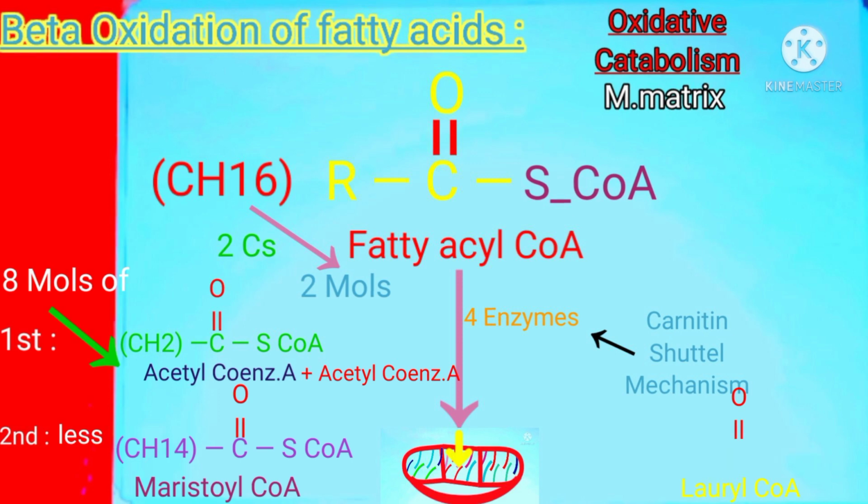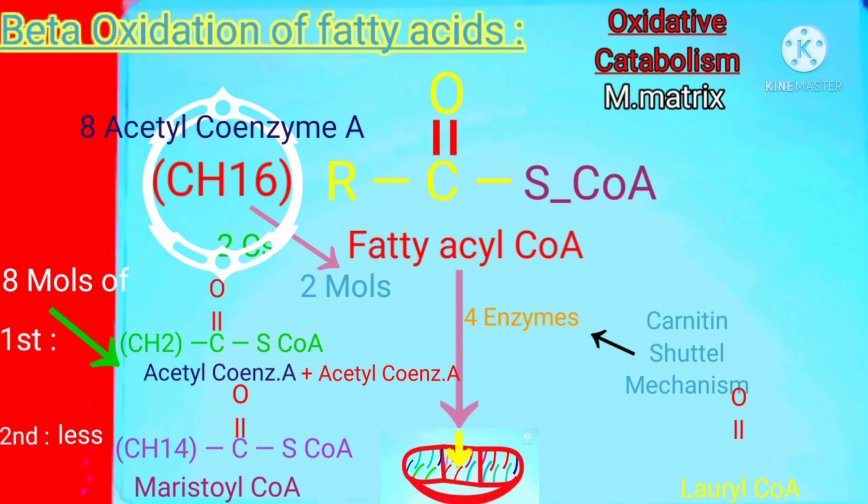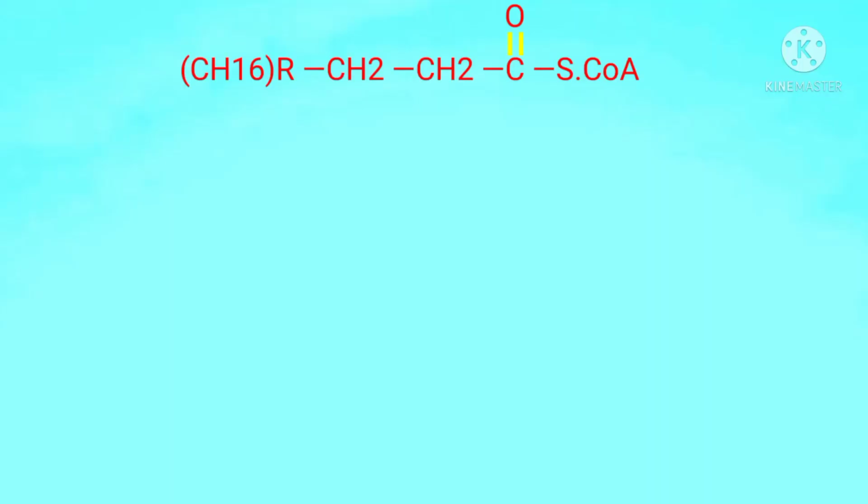Now let's consider how a 16 carbon fatty acid, Palmitoyl CoA, is thoroughly degraded into 8 acetyl CoA molecules by the beta oxidation process in the mitochondrial matrix. Therefore, we start this example with the 16 carbon fatty acid, Palmitoyl CoA.